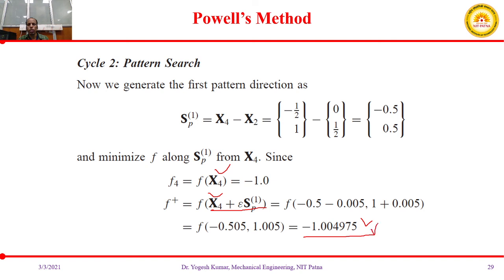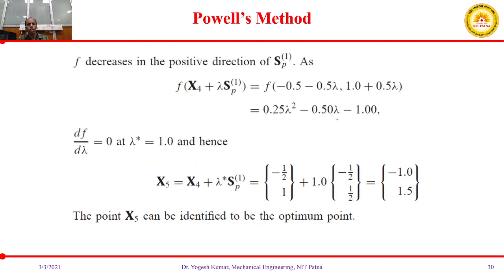So obviously this value is less, so we can say there is further possibility to minimize the function in this direction. Again you will repeat the same process: x4 plus lambda sp1, this will be this term. Now this comes to 0.25 lambda square minus 0.5 lambda minus 1.